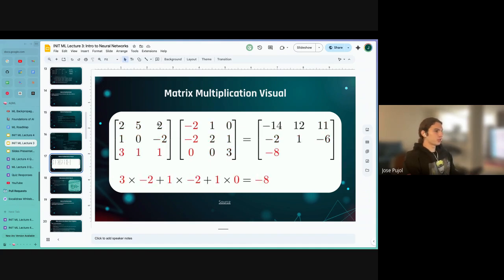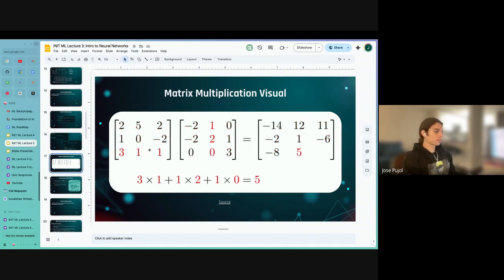The reason the columns need to match the rows is that if I have this row 2, 5, 2, that's the length of my row, and then I have the column -2, -2, 0. The length of the row needs to match the length of the column, which is why we need to fit that criteria.